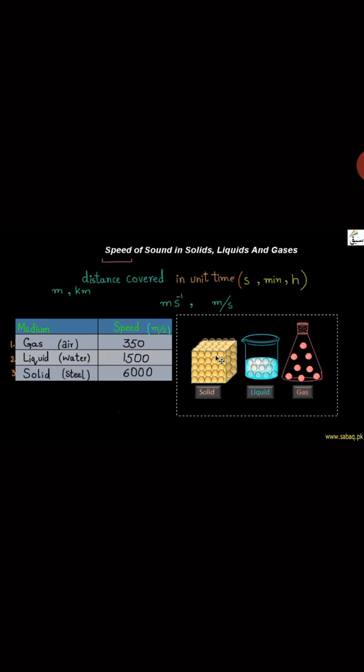The speed of sound in water is 1500 meters per second, while in a solid, let's say steel, if we bang a steel object, the speed of sound will be highest. That is 6,000 meters per second. That is why instruments are made of solids, because they create more vibrations and the speed of sound is highest in solids.